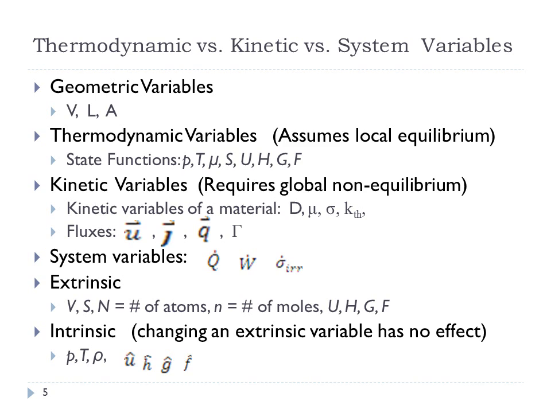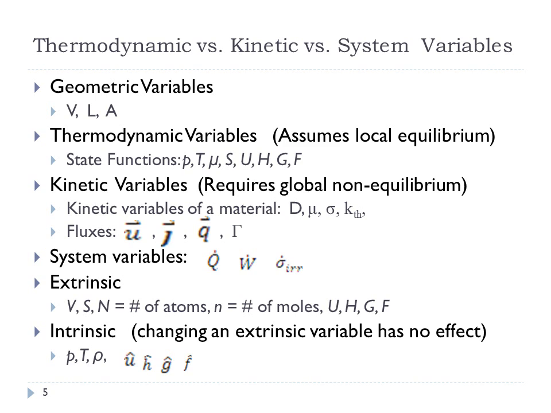Okay, so then we've got kinetic variables of a material, and then we have overall flux terms. In order to have any type of flux, you have to have some kind of global non-equilibrium situation, in which case you need to know something about the kinetic variables of the material. Kinetic variables of a material are items such as its diffusivity. Mu here is its viscosity, sigma is its electrical conductivity, and kth means its thermal conductivity.